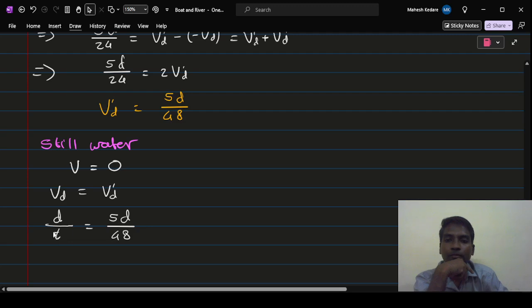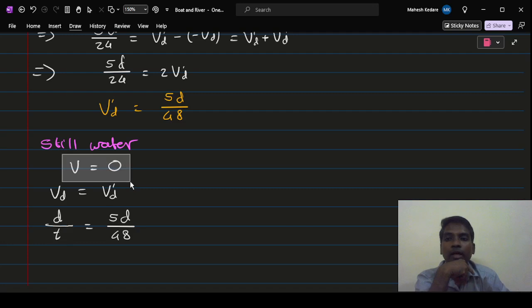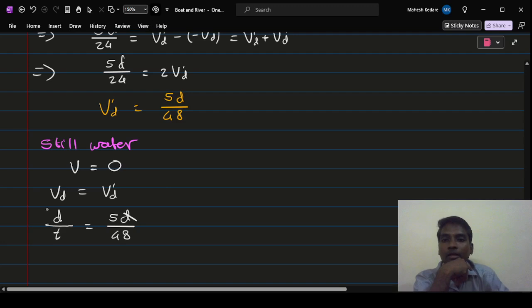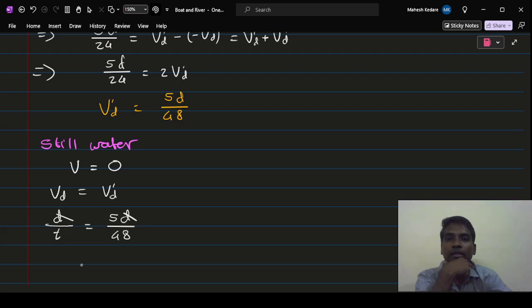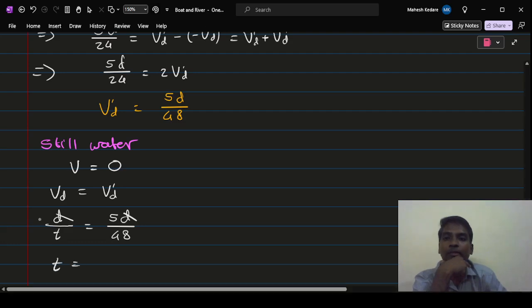Note that t is the time taken to travel the distance d when the river flow speed is 0, means it is a still water. Now d cancels from both sides and we get t equal to, which is the time taken to travel the distance d in still water, 48 by 5.